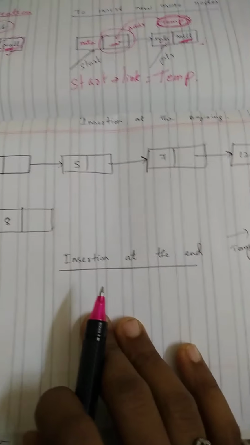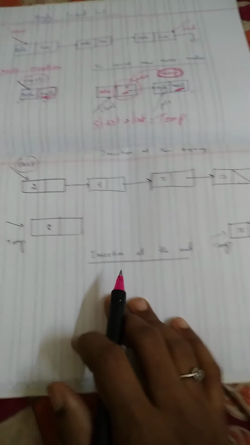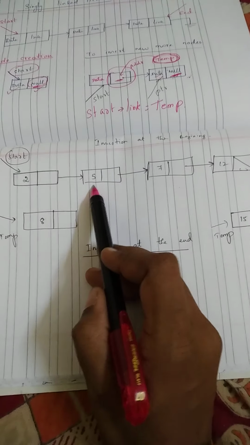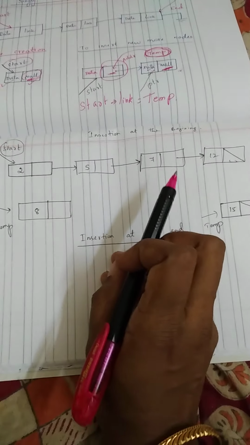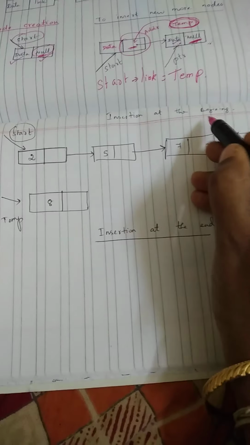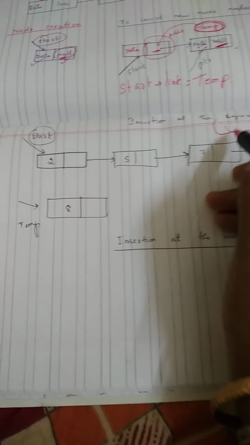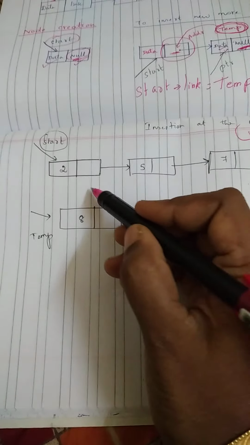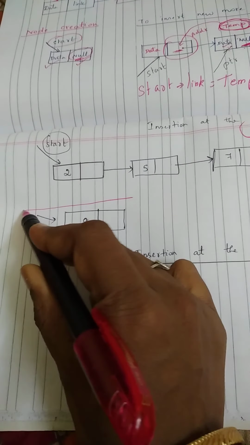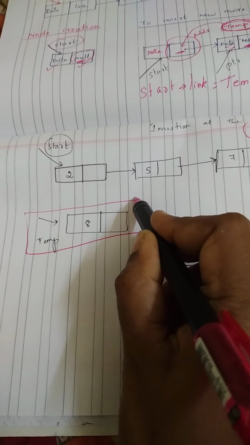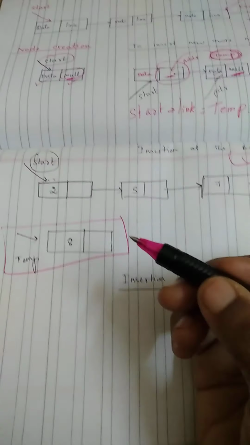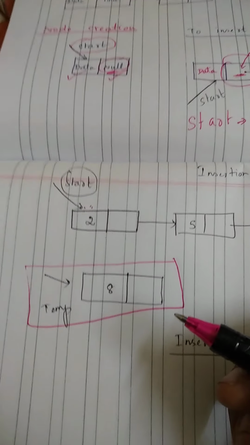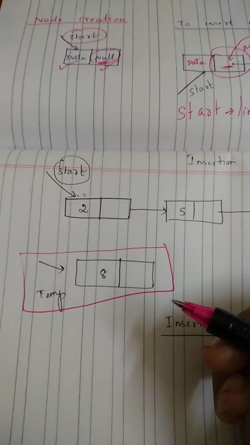For example, you have a list of 4 elements: 2, 5, 7 and 12, and you want to insert an element at the beginning. Imagine I want to insert this temporary node at the beginning of this list. So how can I insert this at the beginning?